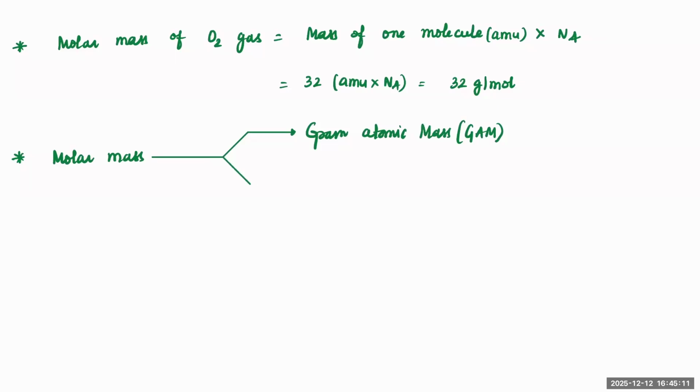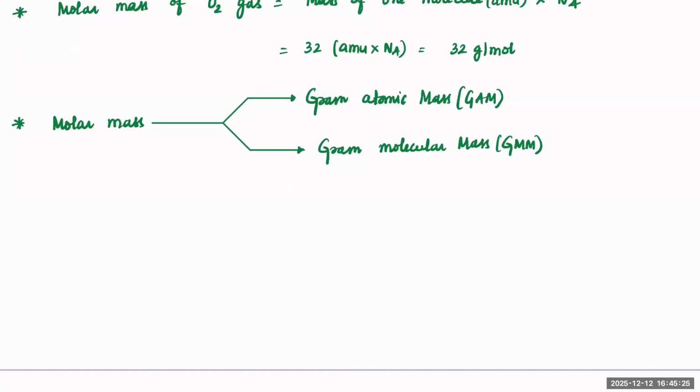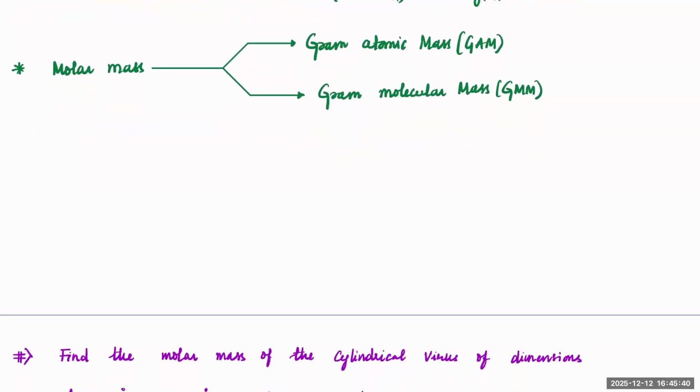And the second term we'll be using is gram molecular mass, GMM. So in short, whenever I use the word GAM, that means I'm referring to atomic mass of it, right? Atomic mass per mole. For 1 mole, how much it is. Correct?